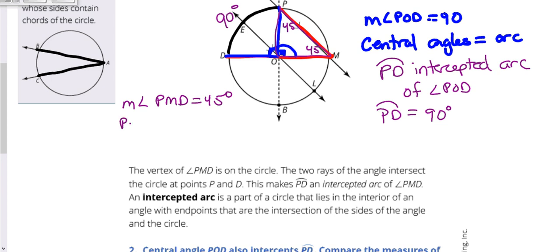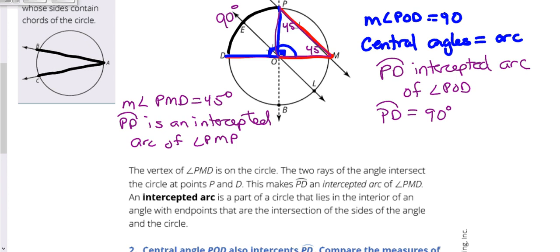And arc PD is an intercepted arc of angle PMD.